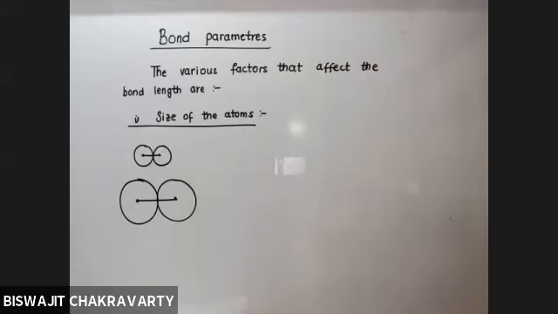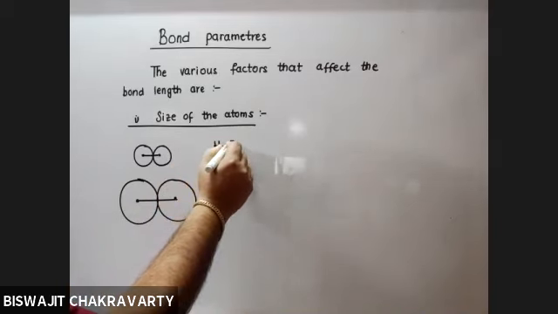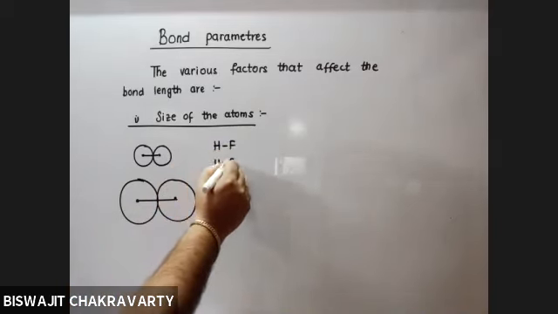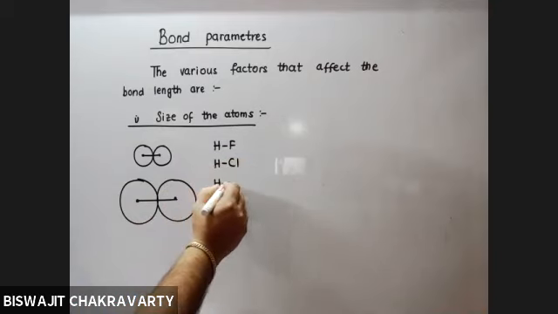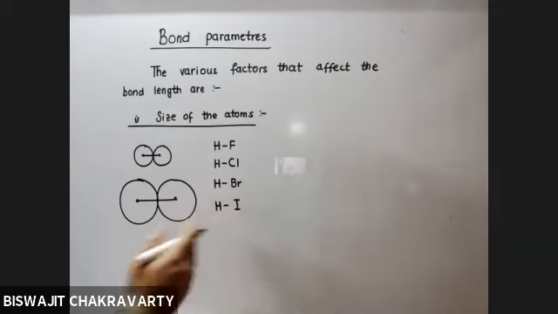Now, if we talk about H-F, H-Cl, H-Br, and H-I, all are halogens on one side, and all of them are bonded to hydrogen. Now tell me, in all these molecules, which will have the longest bond length?